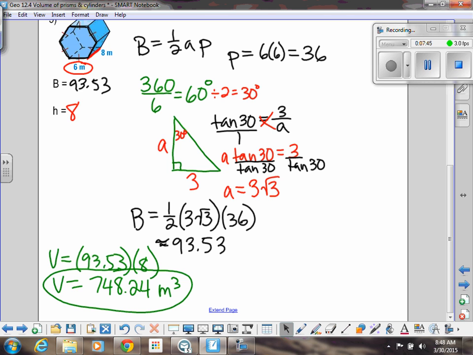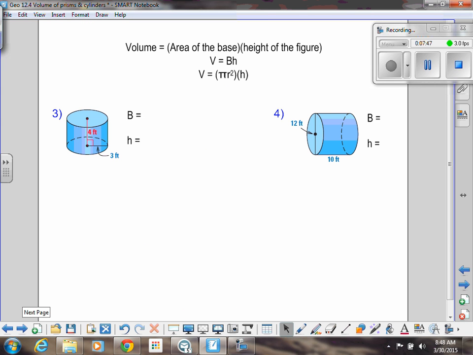Now, if we think about cylinders, cylinders have a special kind of base that's a circle. So specifically, you might want to write down your volume of a cylinder is pi r squared times height. All right, so when I'm doing B on a cylinder, it's always pi r squared. Now in this diagram in number 3, the radius they tell us is 3.